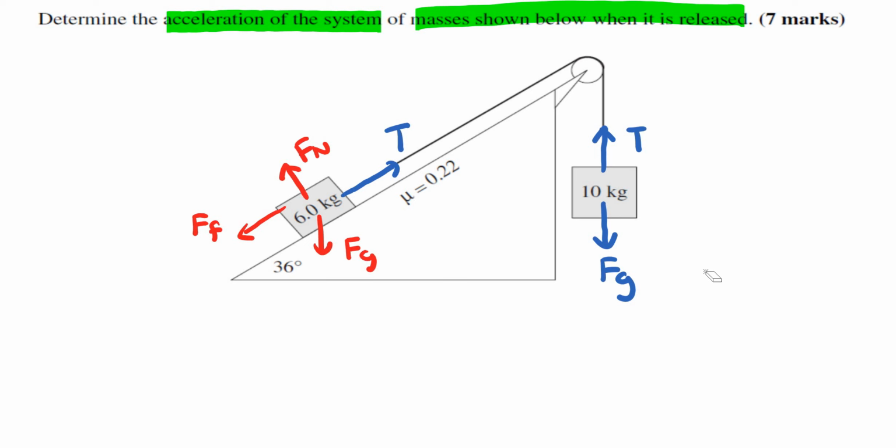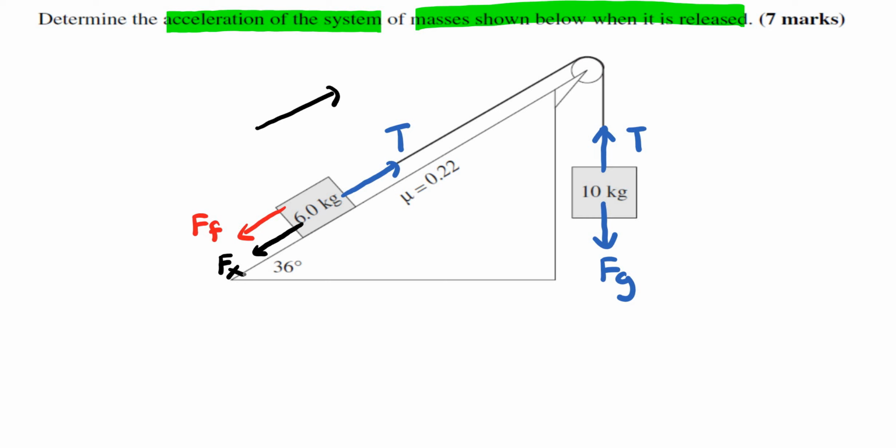And once we have a free body diagram, we have to now create an F net equation for the entire system. Okay, so before we create the F net equation for the entire system, let me just erase the force normal and the force of gravity here, because if this incline is going up, it's important to note that there is another force here that's parallel to the incline, which is your force in the x direction, and that's always going down the incline, regardless if the 6 kilogram object is going up the incline or down the incline.